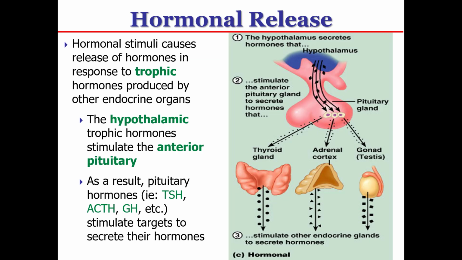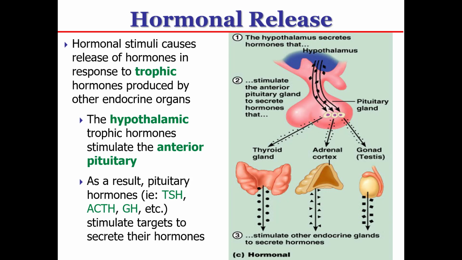Hormonal stimulation, so trophic hormones that control the release of other hormones. So again, the hypothalamic pituitary connection, the anterior pituitary is true glandular tissue. So thyroid releasing hormone to thyroid stimulating hormone to the thyroid gland to secrete T3, T4.